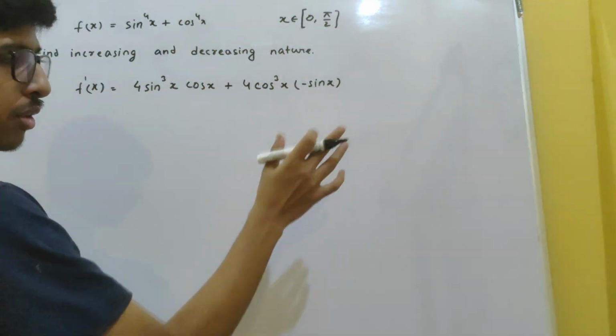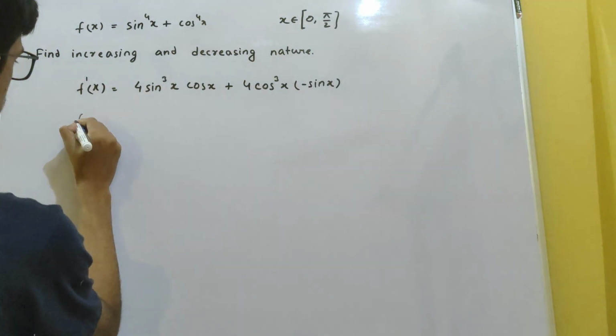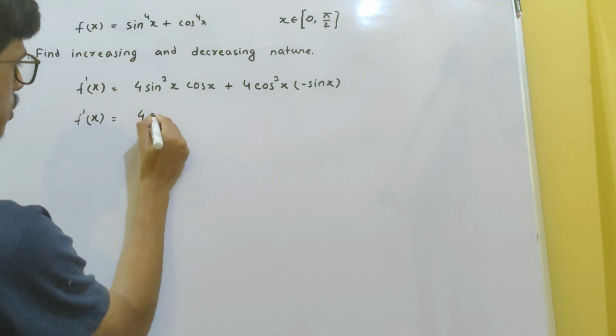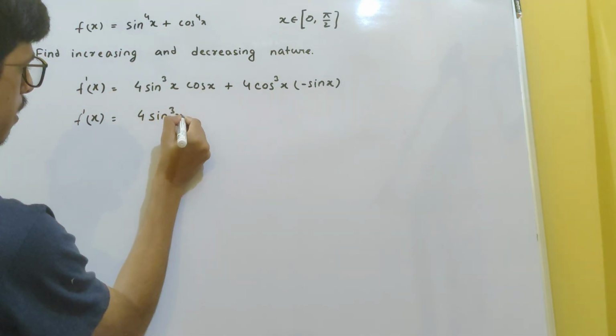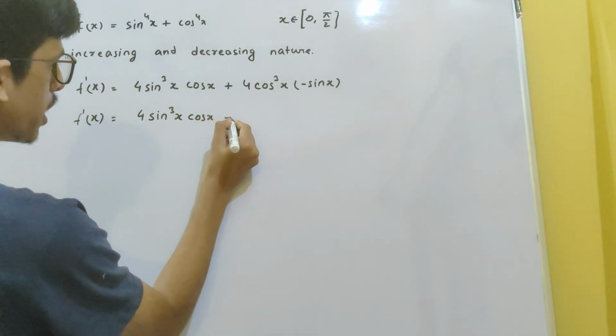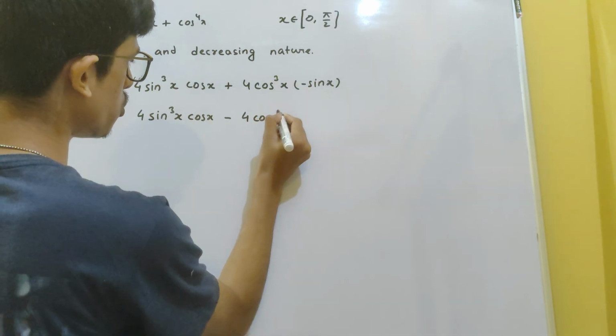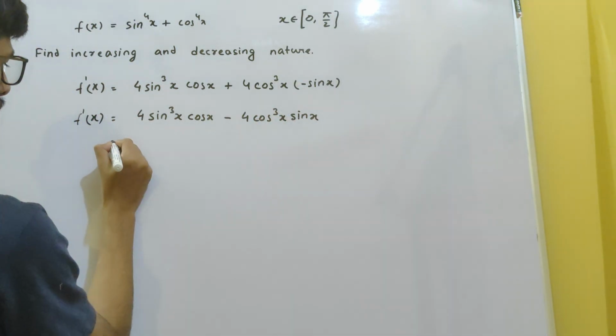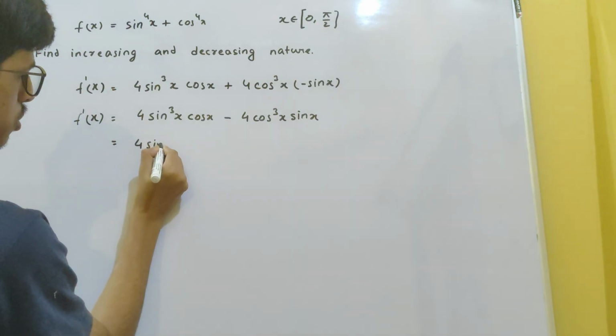So if you simplify a little bit, then you will observe that f dash x is 4 sin cube x cos x minus 4 cos cube x sin x. Now take 4 sin x cos x common.